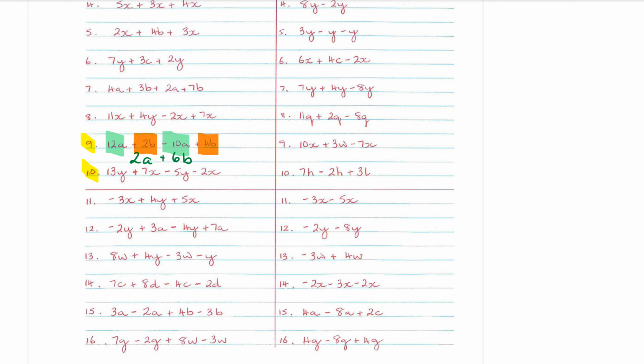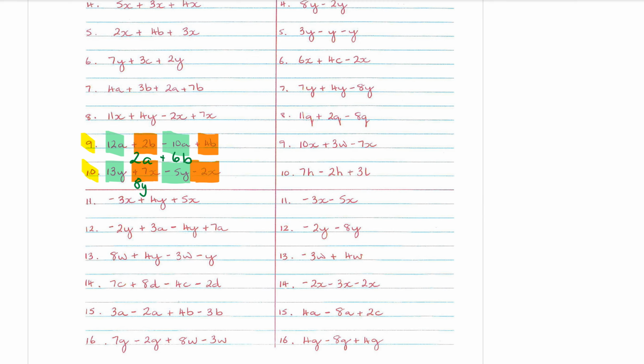Let's do 10 as well, just for a bit more practice. So we are looking for like terms. We have 13y and minus 5y. 13 take away 5 is 8y. Now we want to look at the x's. So we have 7x, take away 2x.